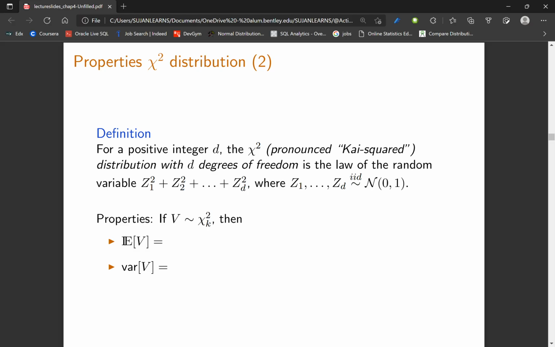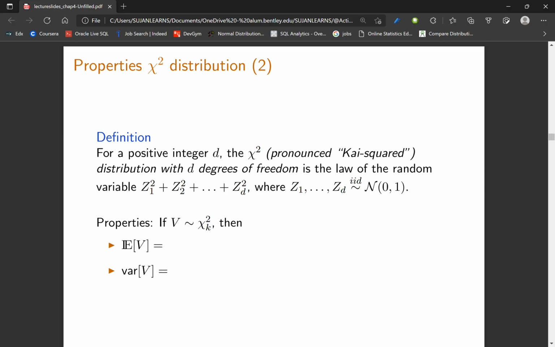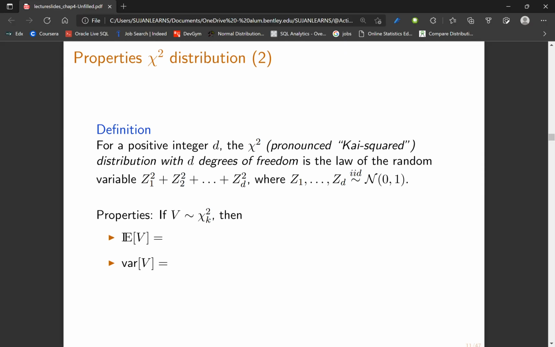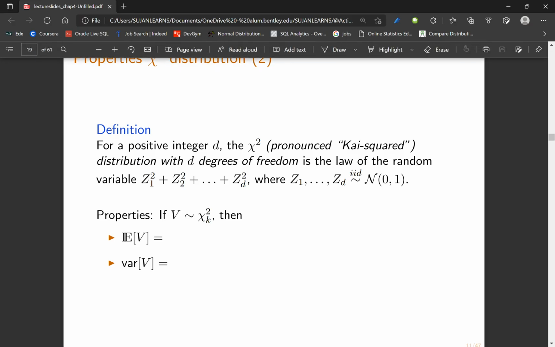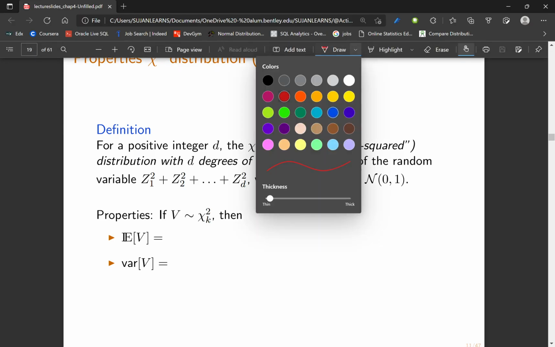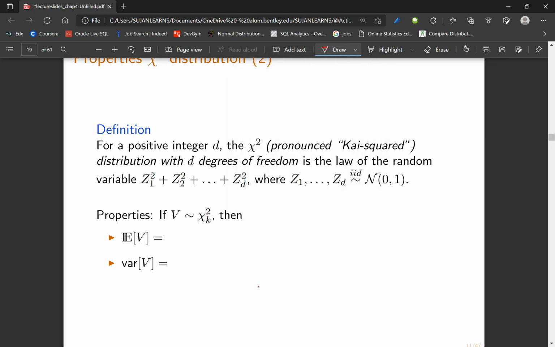Let there be a variable V which is a chi-square distribution with k degrees of freedom. If this is true, then V is equal to what?